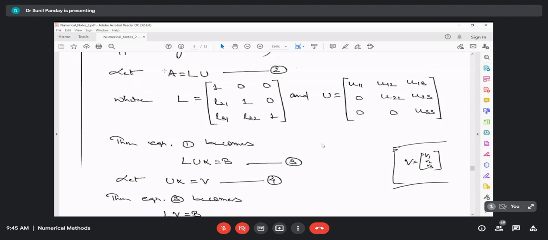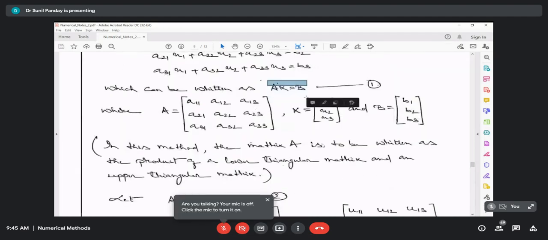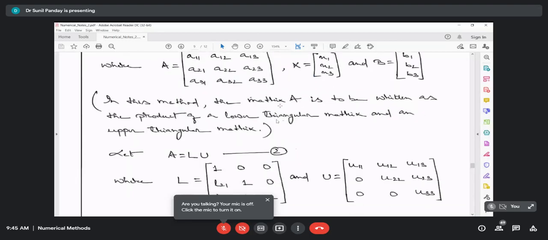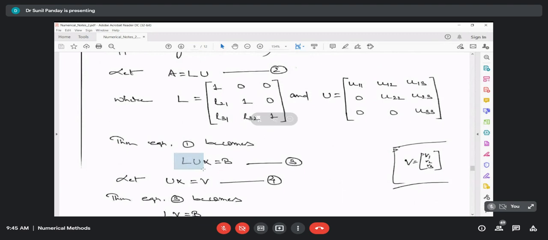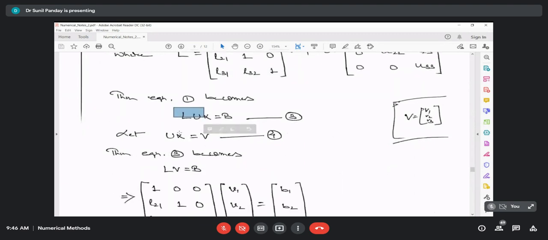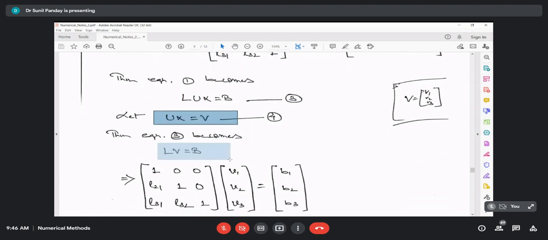If we find L and U such that A equals LU, then in the matrix equation AX equals B, I can write LU, because A equals LU, so LUX equals B. First I solve this equation like UX equals V. After multiplication UX, I will get another matrix V of unknown variables, V1, V2, V3.